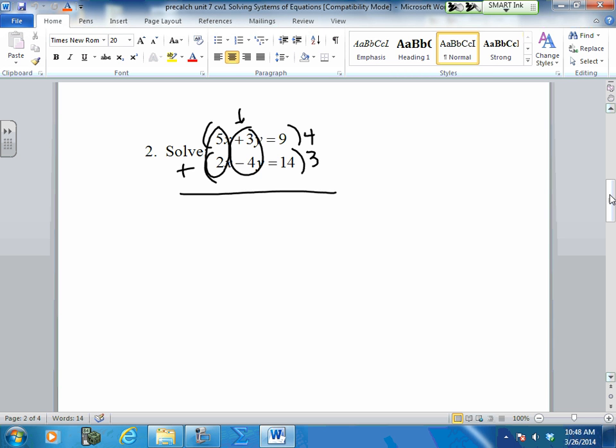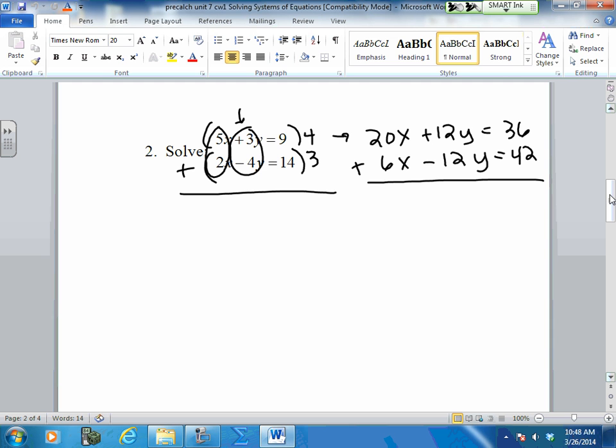Now remember, you're multiplying every term. So this is going to come to 20x plus 12y equals 36. And do your bottom line. 6x minus 12y equals 42. Now, when I add them, don't I eliminate the y's?